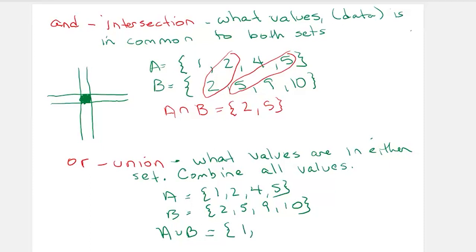So I have a 1 that's from A. I have a 2 that's in A and B. I don't have a 3 anywhere, but I do have a 4. I have a 5, I have a 9, and I have a 10. So notice I've combined all the values from either one of the two sets, and that gives me the union, which is the same as OR.